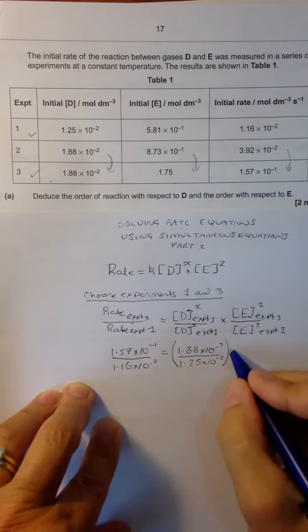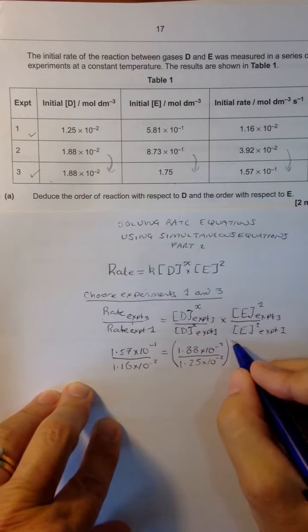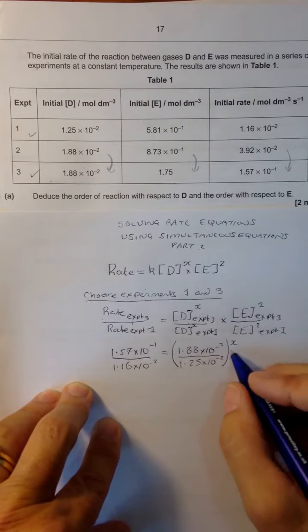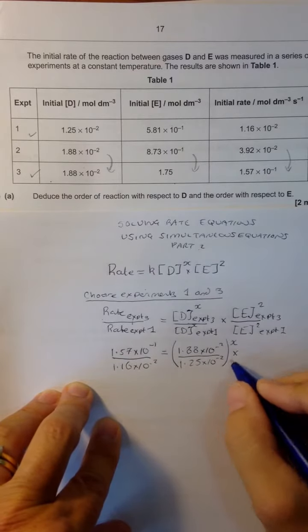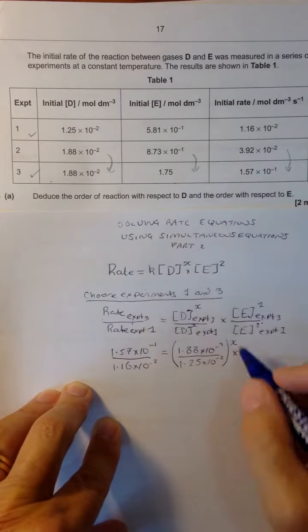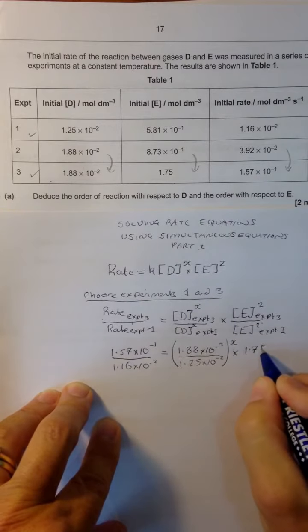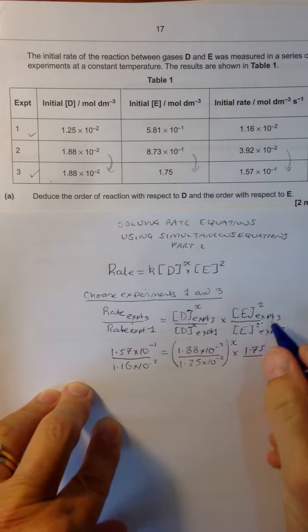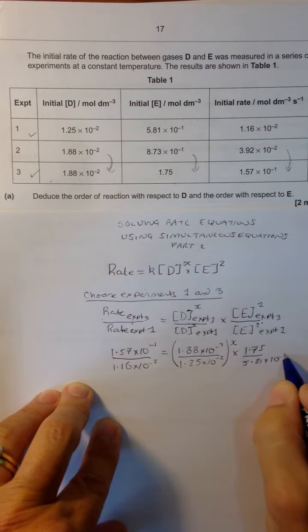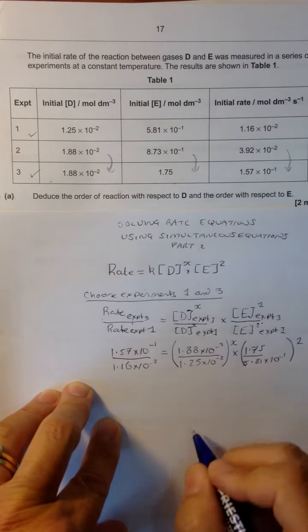We don't know the order with respect to D, so we raise it to the power of X. We also know the concentration of E in experiment 3 is 1.75 divided by the concentration of E in experiment 1, which is 5.81 times 10 to the minus 1. And we know that that's second order, so we can square it.